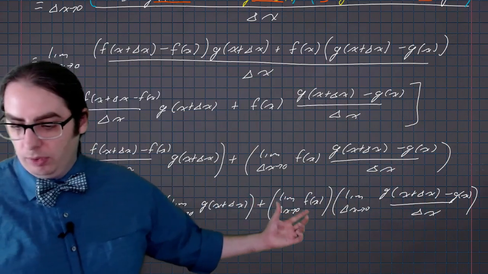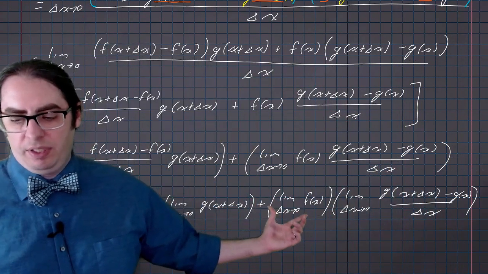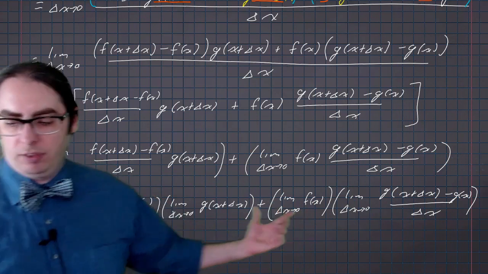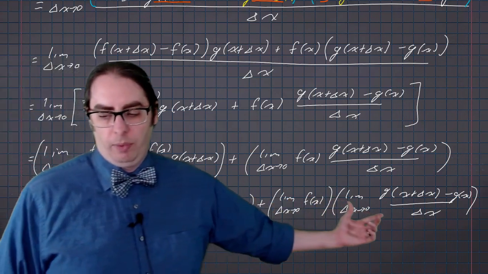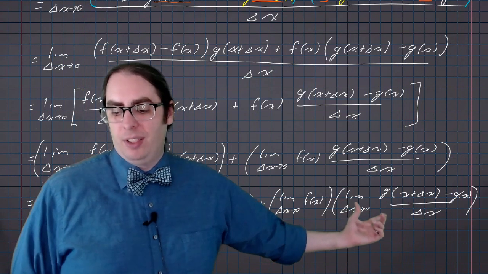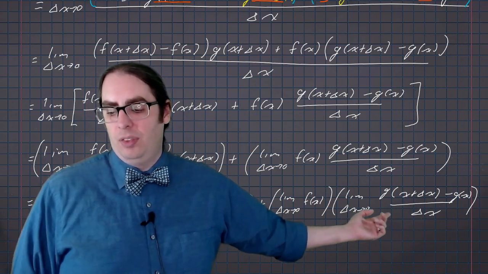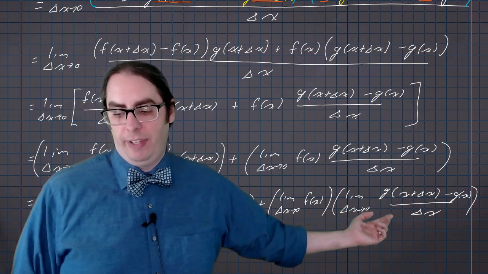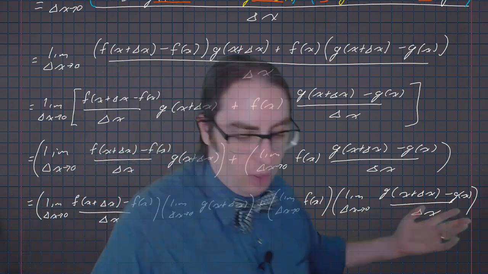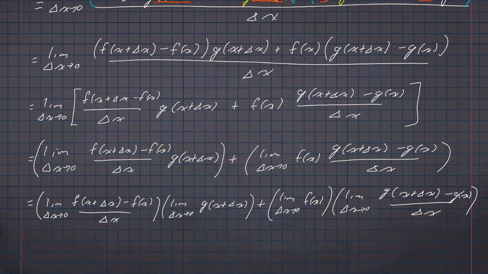My third piece right here, delta x doesn't even show up. This is just f of x. And my last piece here, this is the derivative of g of x by definition. So everything falls away, and I'm left with f prime times g plus f times g prime.